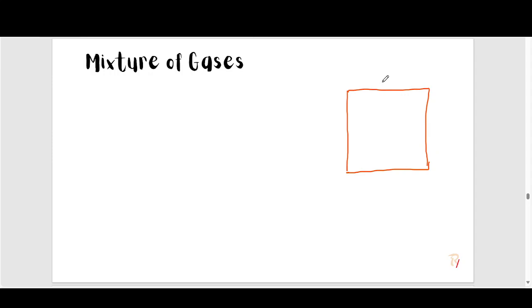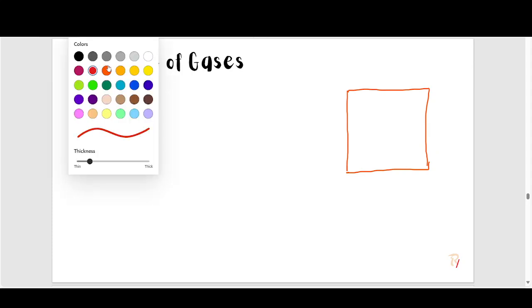Let me take a container filled with a number of gas molecules.